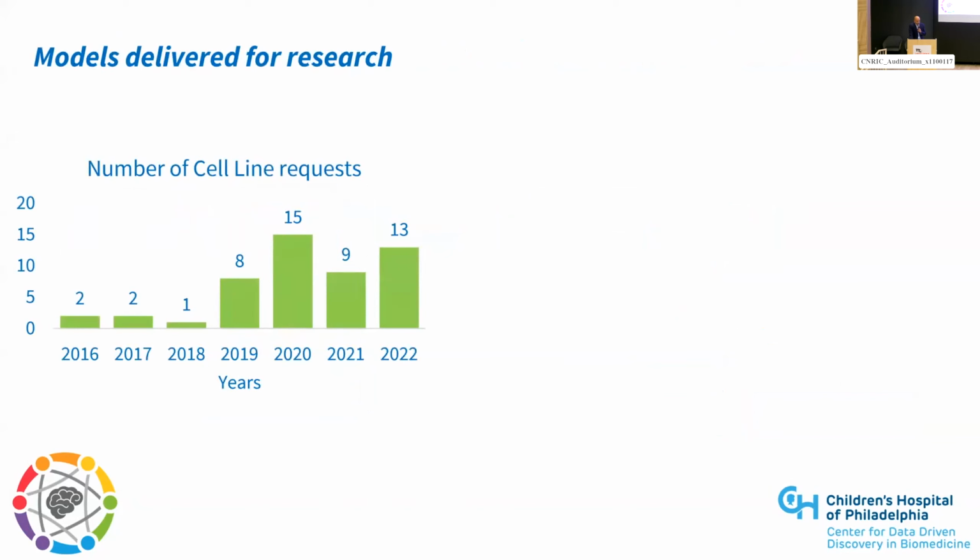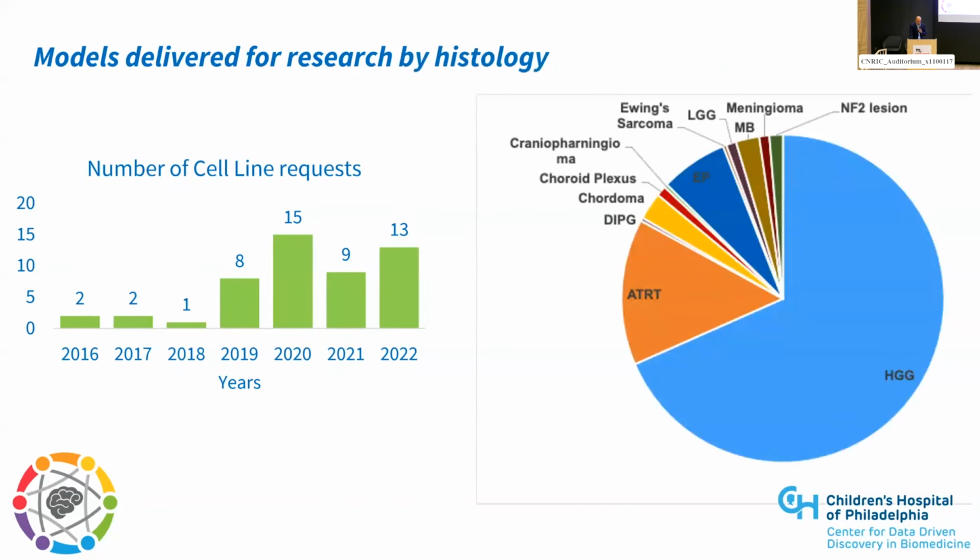So looking at the numbers we delivered to the community so far, we had 50 cell line requests over time, and the interest is growing, which makes us very happy. Till now, in this year, we already obtained 13 requests. And just some statistics: not surprisingly, most of the cell lines requested from the community are related to higher grade tumors.